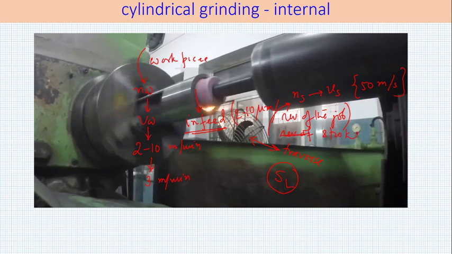I think I have made a mistake in the previous slide, so please rectify that. I cannot rectify it. So here, this is wrong. This is not revolution per job, but per stroke. If the unit is micron per revolution of job, in that particular case, it has to be plunge grinding.